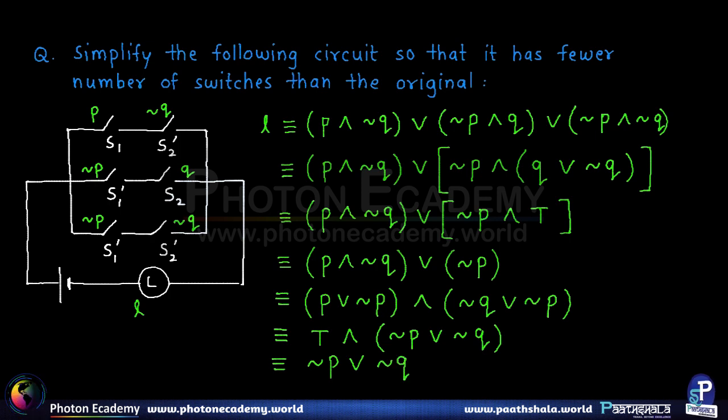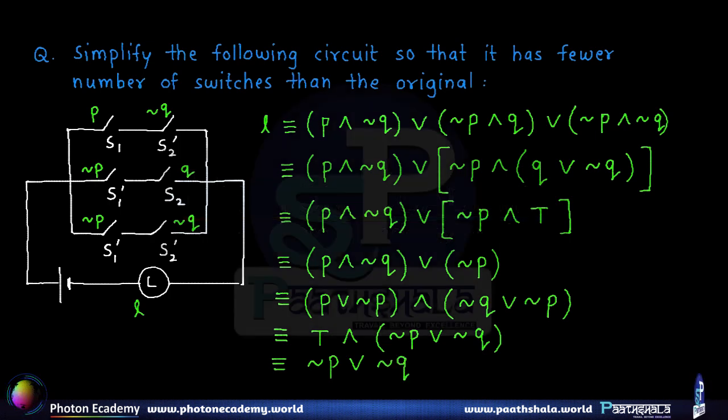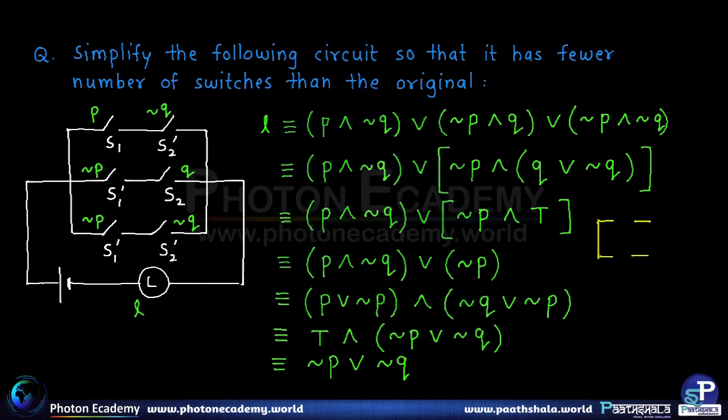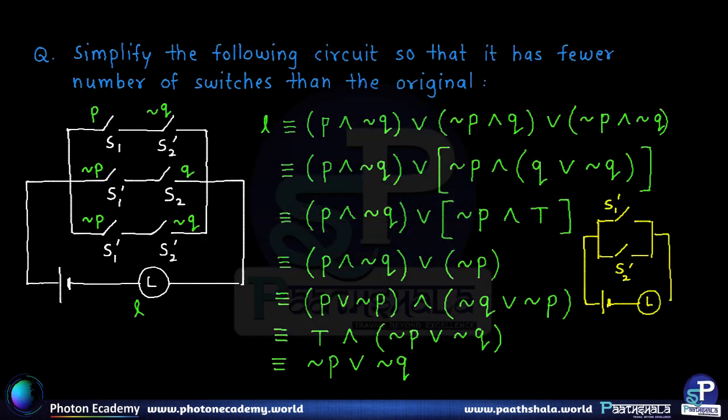So you see we have finally got just two symbols in the equivalent statement, and that is nothing but negation P or negation Q. So since it's an OR, clearly it means it's a parallel branching of 2 switches. Negation P and negation Q means it is S1 dash and S2 dash, and these 2 switches are connected in parallel with a battery and a lamp.